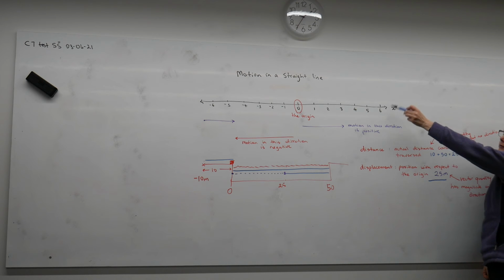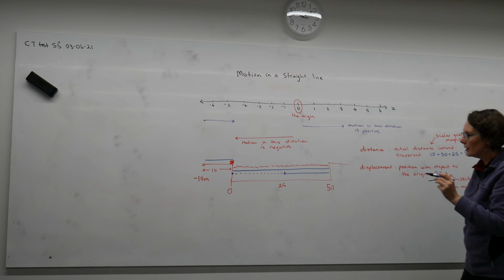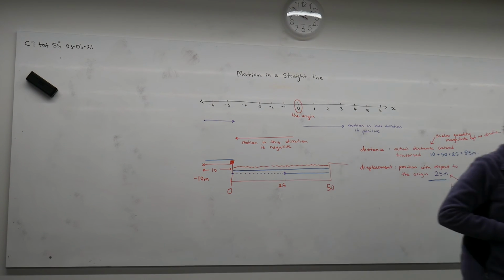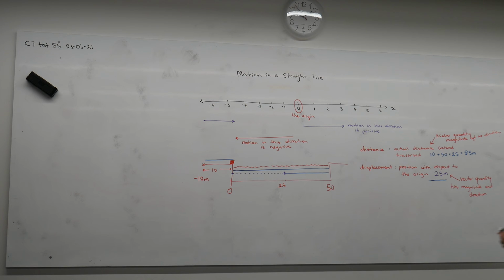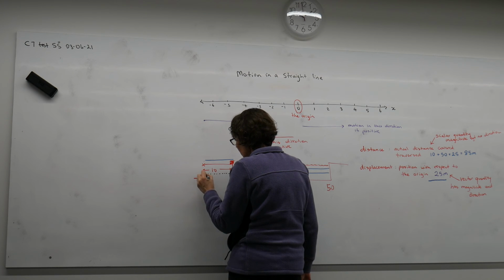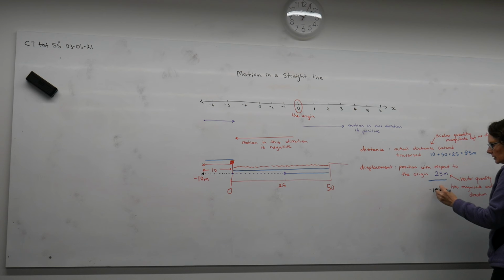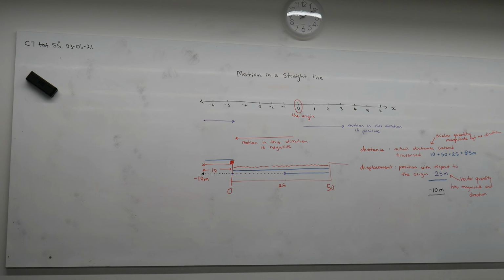Because this is one-dimensional motion along just the x-axis, I am expressing the direction with just whether it's a positive or a negative number. So what about when she was behind the blocks back here, in this position here? Then her displacement there is minus 10 metres. And it's the negative sign there that's giving you the direction.